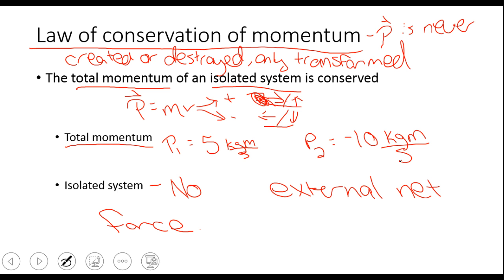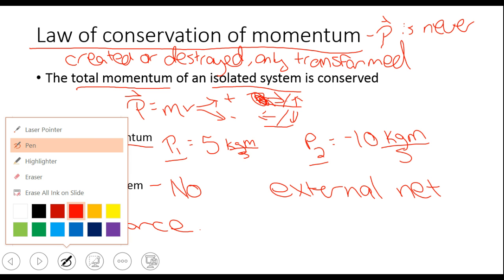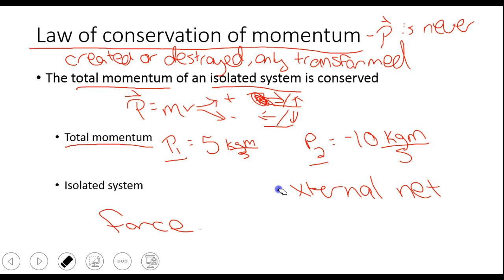And so then if these two objects are heading towards one another, I know that object 2 is moving to the left because it's got that negative momentum, and I know that object 1 is moving to the right. And if I want to know the total momentum for this system, then since these are vector quantities, I can actually just add them together to get a sum.